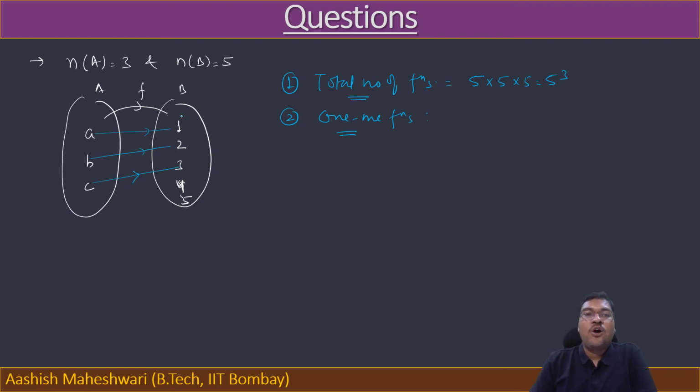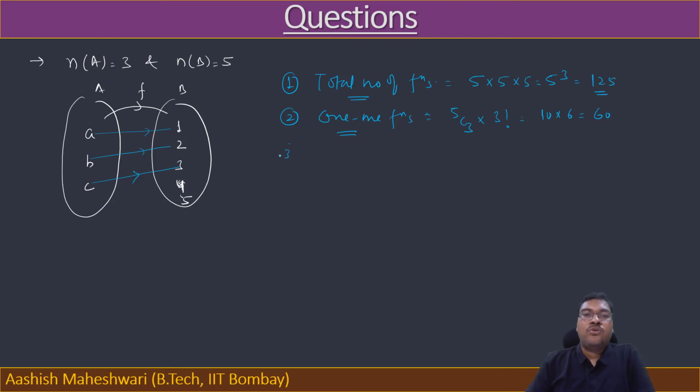You can consume only 3 elements. So the total number of one-one functions is: select any 3 elements among these, which is 5C3. Having selected, for example, 1, 2, 3, in how many ways can you arrange A, B, C on these? 3 factorial ways. So the total number of one-one functions is 5C3, which is 10, into 6, which is equal to 60. And 5 cubed is 125.